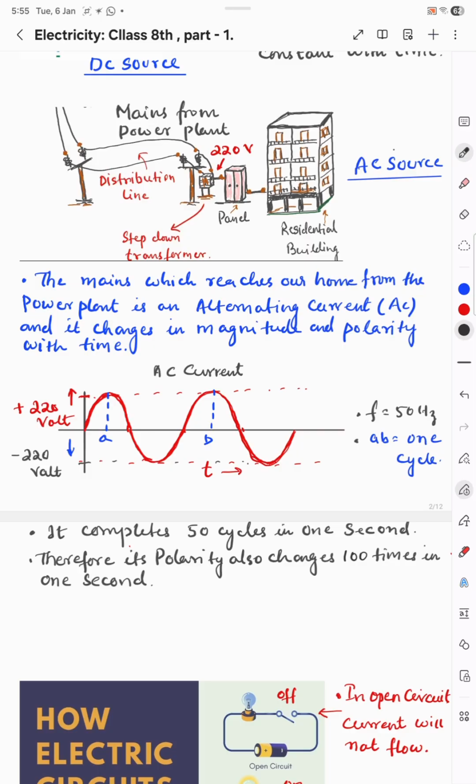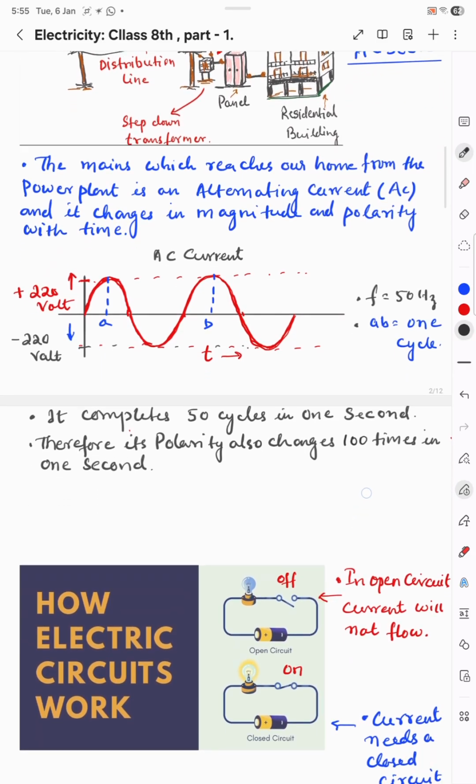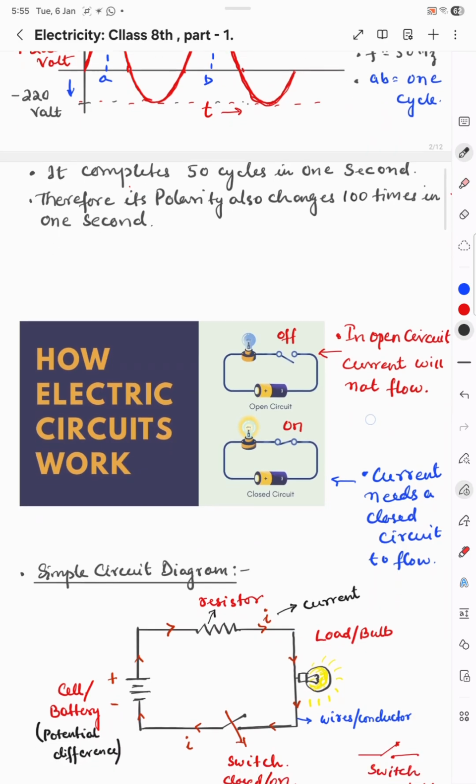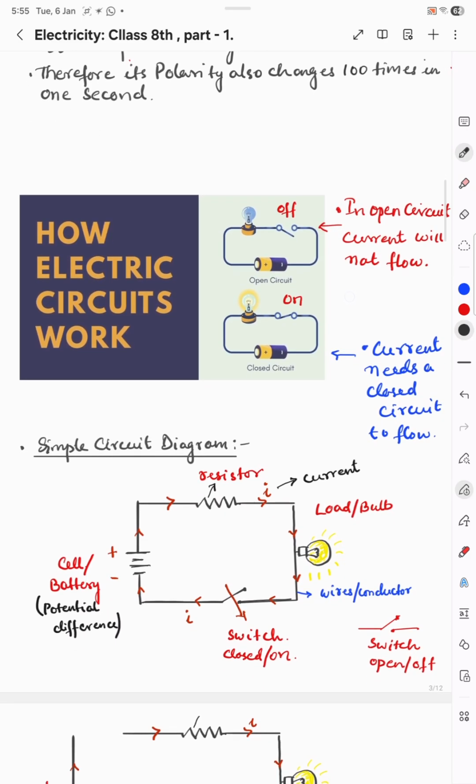Now let us understand the potential difference and the current flow through a simple circuit diagram. Now this is a simple circuit diagram. We have a battery connected to a bulb through a switch.